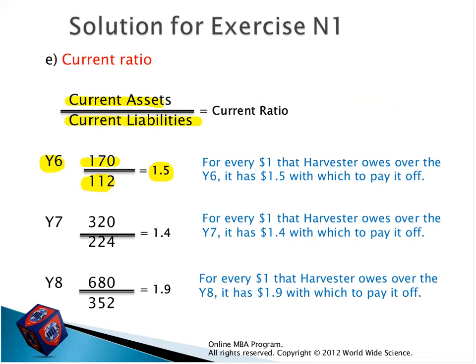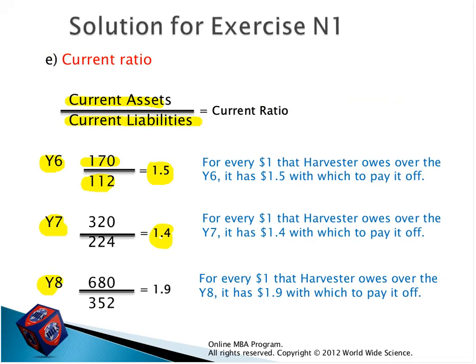You remember the ideal norm is 2, but here it is 1.5. That means for every $1 that Harvester owes over this year 6, it has $1.5 within which to pay it off. And for year 7 it is 1.4, and year 8 is 1.9.